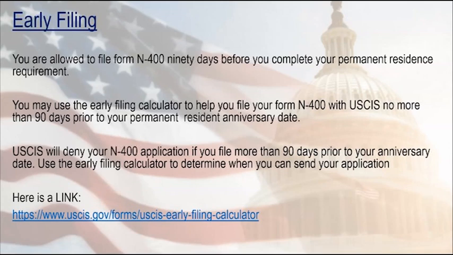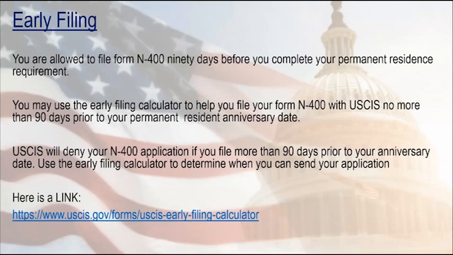Early filing. You are allowed to file Form N-400 90 days before you complete your permanent resident requirement. You may use the early filing calculator to help you file your Form N-400 with USCIS no more than 90 days prior to your permanent resident anniversary date.